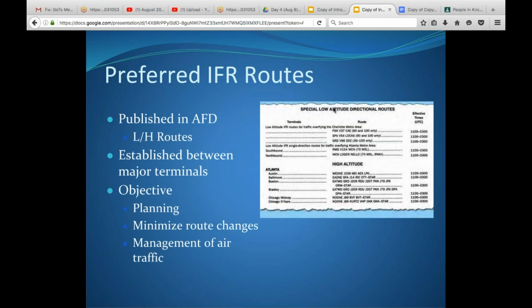And so going back to these preferred IFR routes, like I said, sometimes air traffic control wants to see it a very specific way when we file our flight plan to them. And sometimes if you don't file it the way they like to see it, they'll just reject it and send it back to you.